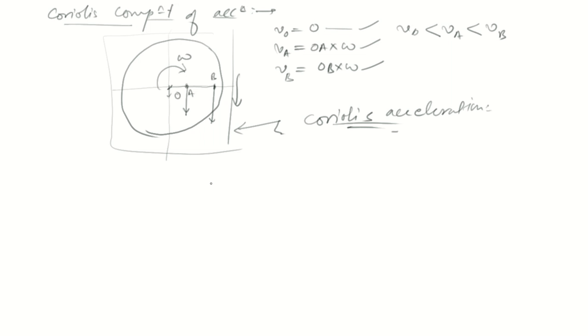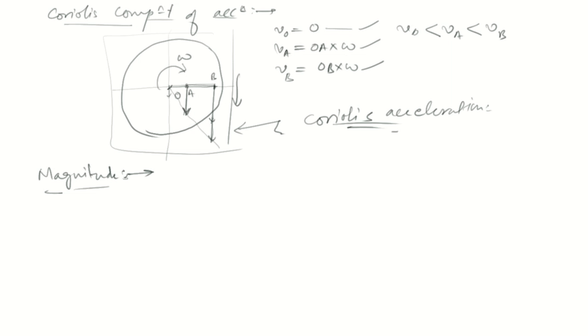We'll go into detail of this Coriolis acceleration. We'll find out the magnitude and the direction. So first let us start with the magnitude. We've seen that if the object is moving along this path OB, it is also experiencing some acceleration in this vertical direction.